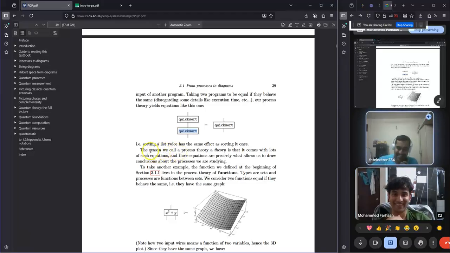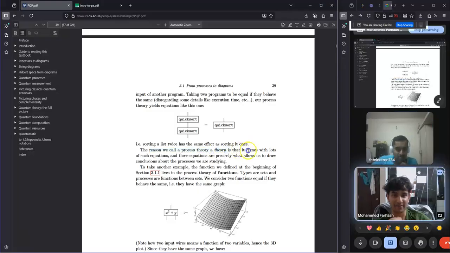Nice. Yeah. So the reason we call a process theory a theory is that it comes with lots of such equations, and these equations are precisely what allow us to draw conclusions about the processes we are studying. So that's interesting. So basically a process theory has equations like this, and further on this side you have more things equal to something else, and so on and so on.